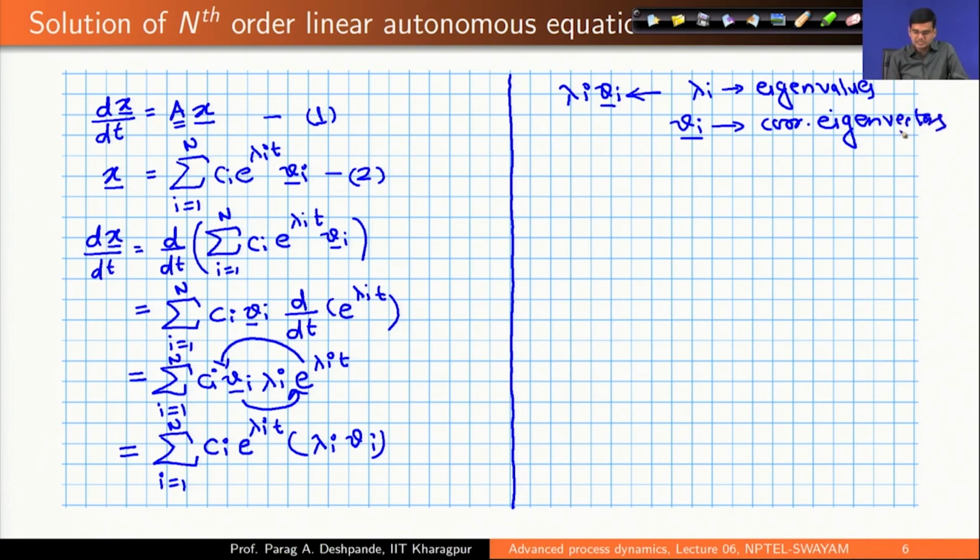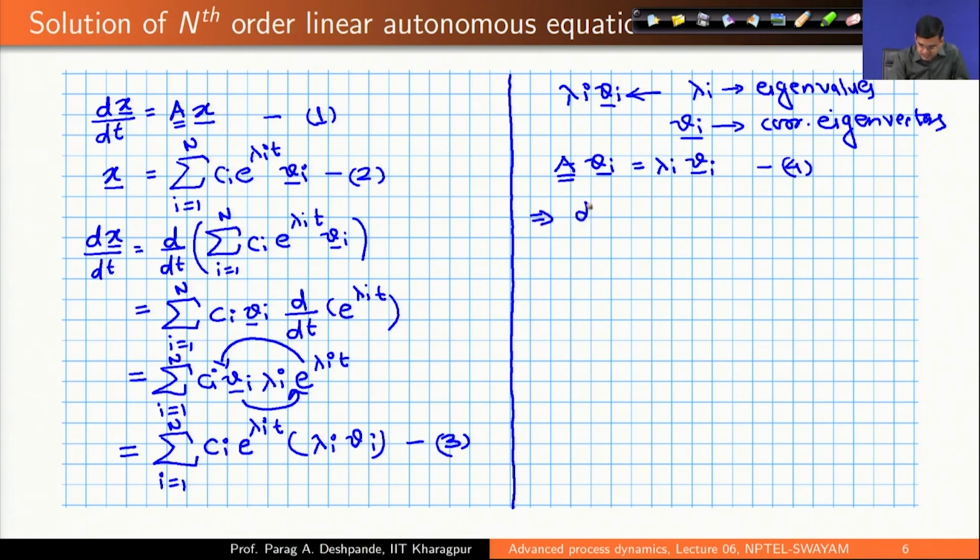And therefore, since A double under bar is my matrix, I can write A double under bar v i bar, where v i bar is an eigenvector, is equal to the corresponding eigenvalue multiplied by v i bar, right. So, what I will do is I will substitute equation 4 in equation 3.